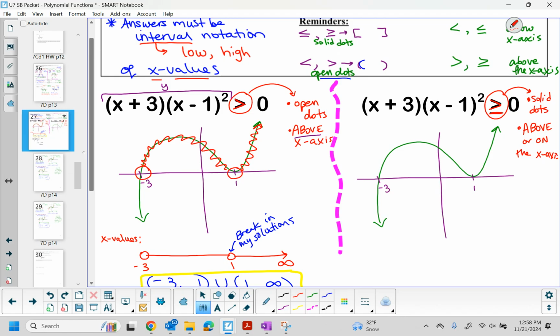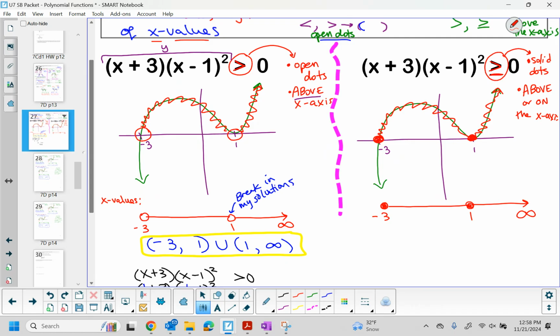So I'm going to have solid dots here, and I still want above, also on. When I flatten out my x's, because I'm looking at just the x's again, it looks like this. Now, 1 is okay to put in there, because when I put 1 in for x, I'm going to have 0 greater than or equal to 0. That is a true statement. So it's okay to have the 1.